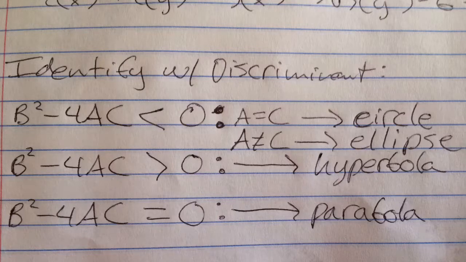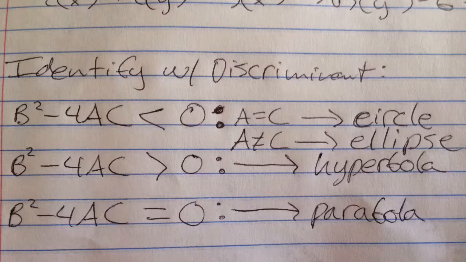So here you go. If b squared minus 4ac is less than 0 and a is equal to c, the equation is a circle. If b squared minus 4ac is less than 0 and a is not equal to c, the equation is an ellipse.